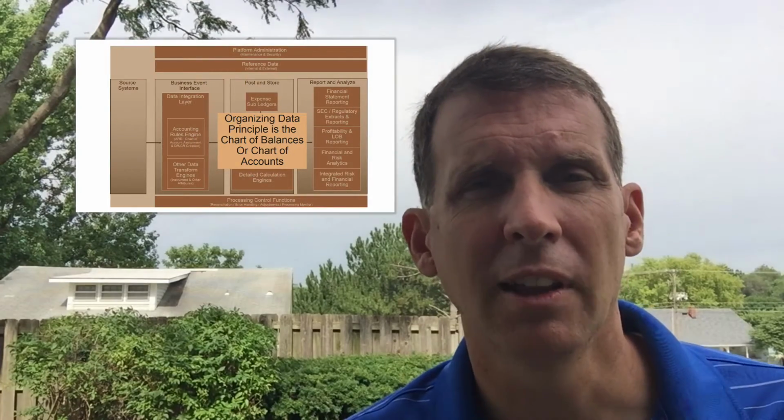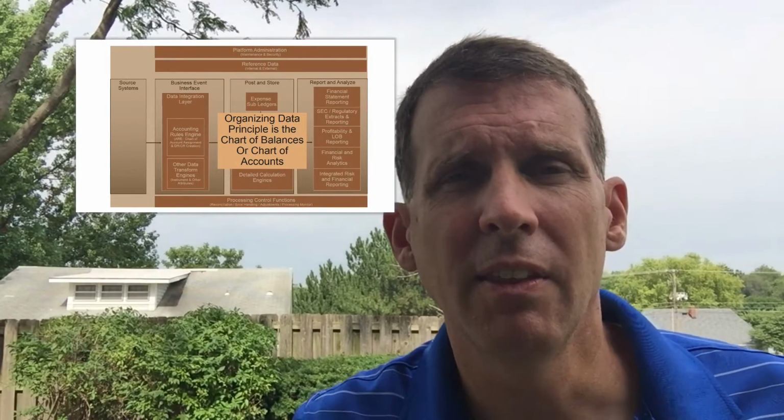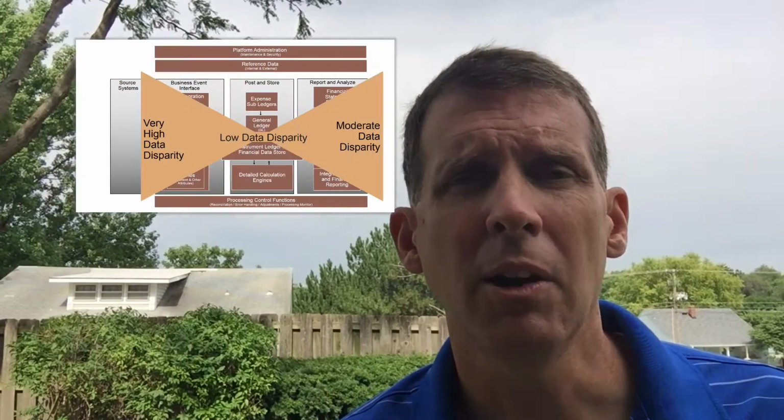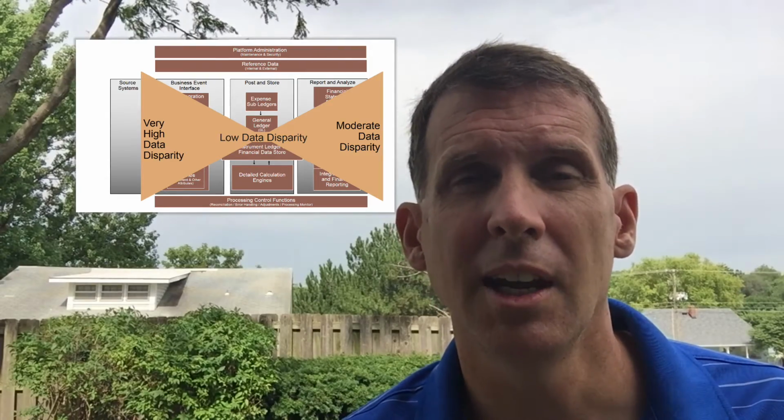And if we have a single ledger for the entire company, then the data structures are going to be consistent across all the products, across all of the inputs, all of the business processes involved. So we have to go from this disparate data structure to a very common data structure in the middle of the architecture. The data integration layer is the thing that allows us to do that.